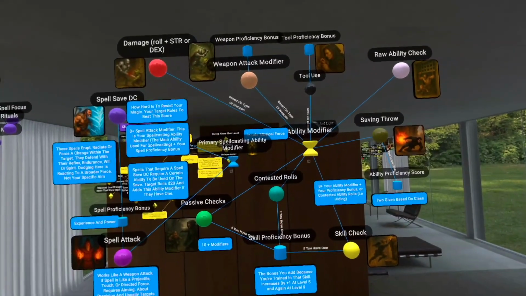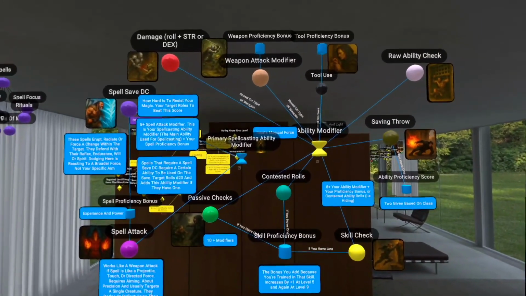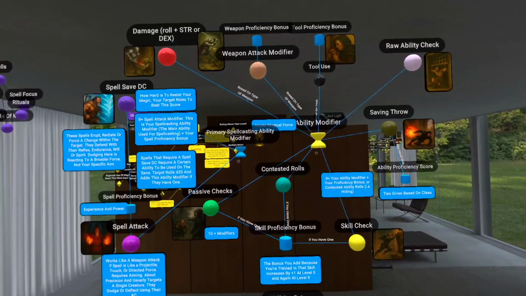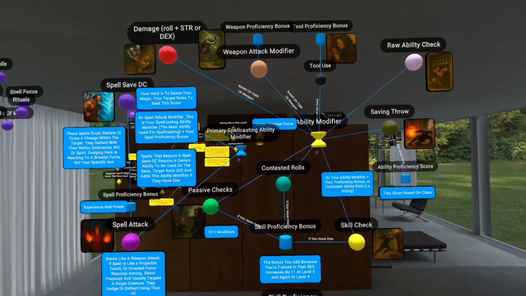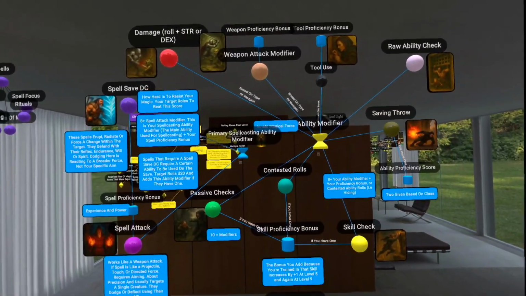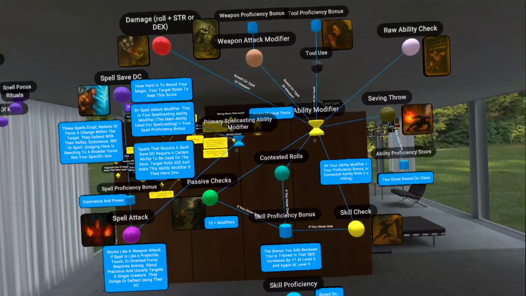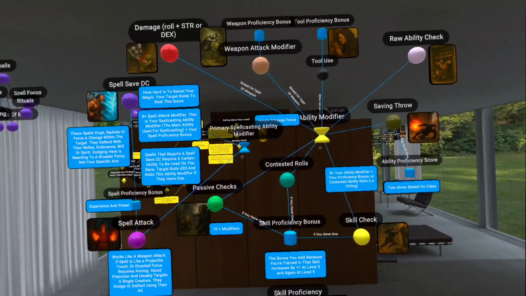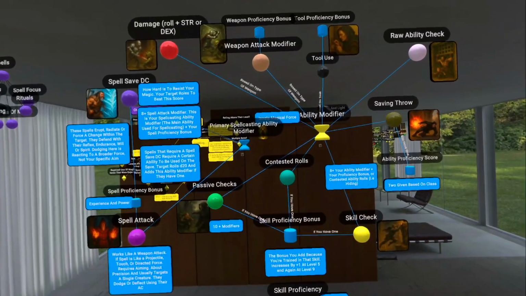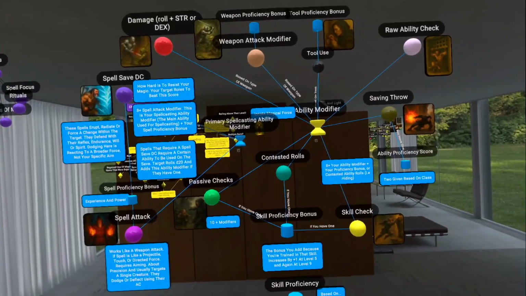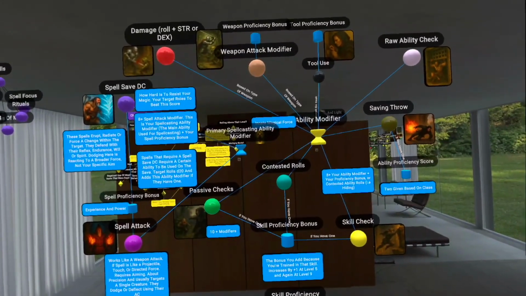This brings everything to life, and my plan is to have it all in one convenient place where you can just scoot around this room and look at different aspects of the rules for the game and learn things a lot faster. And I've certainly found for me so far that it's sped up my learning hugely.